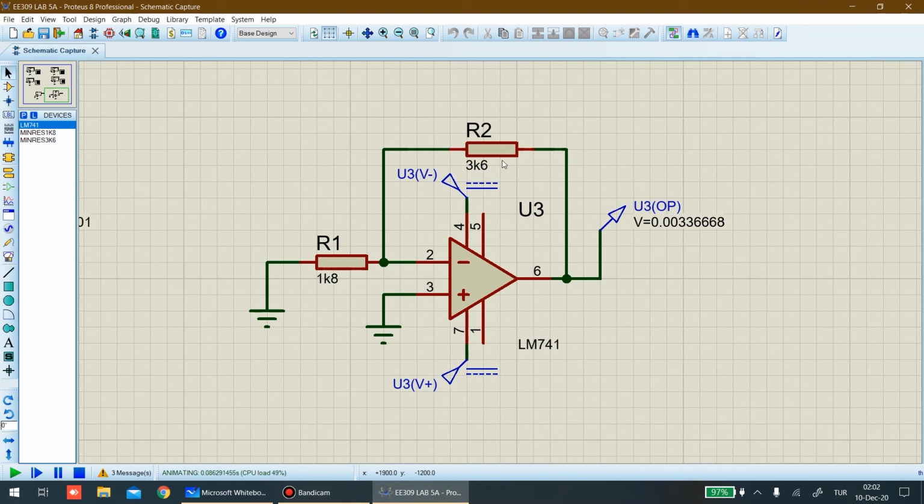As you can see, another non-inverting amplifier circuit. What is the gain of it? 3.6 kilo ohms over 1.8 kilo ohms, which is equal to 2, and for a non-inverting amplifier we have 1 plus.